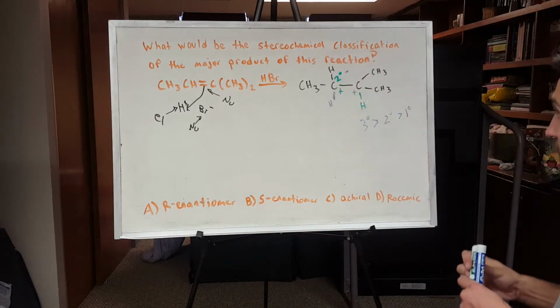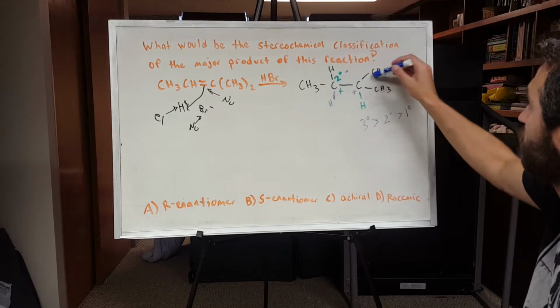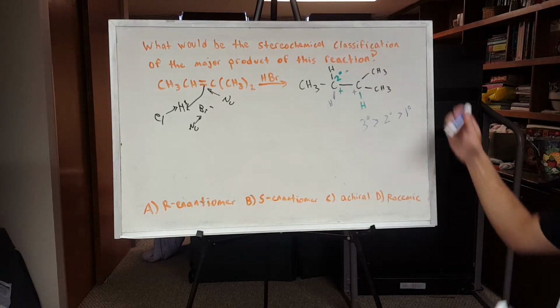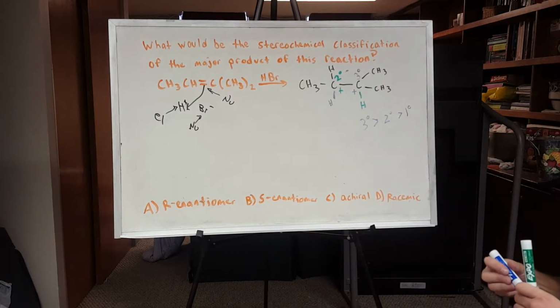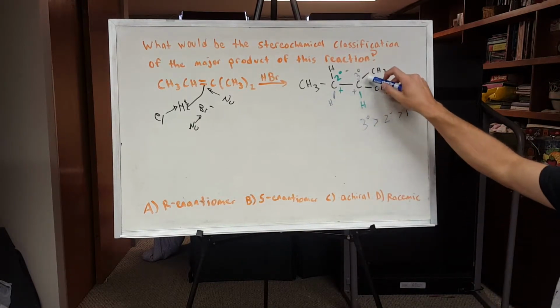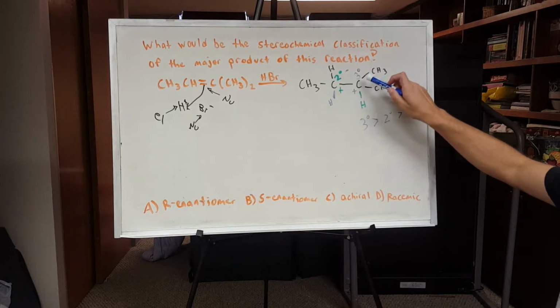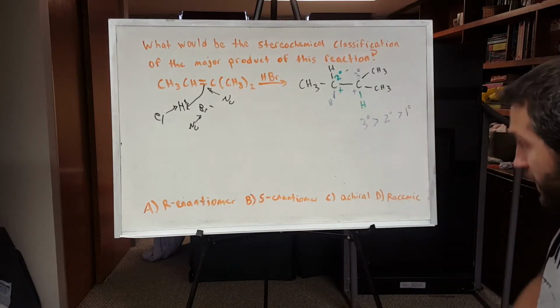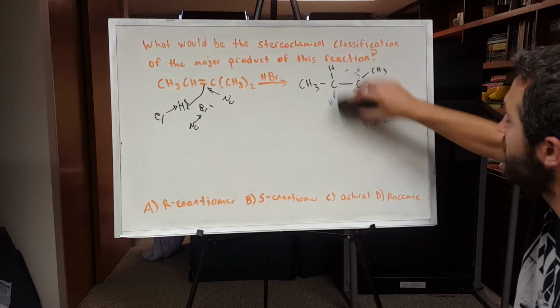This carbon is bonded to three other carbons, so it is tertiary. So we'd like to keep the tertiary carbon, which is most stable. So this intermediate right here is the most stable.